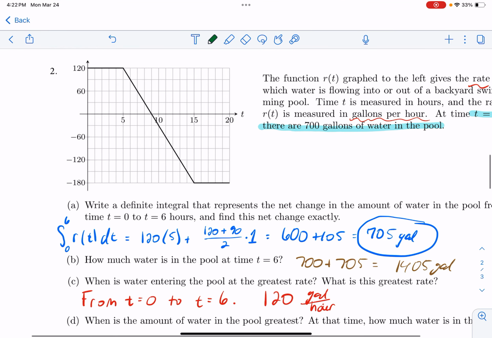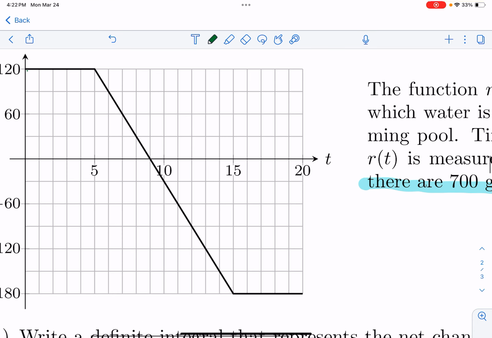Well, it's going to be the greatest when we're switching from water going into the pool to water going out. So let's think. Water's going into the pool at a positive rate here. It's still going in at a positive rate because all of these outputs are positive, right? Positive, positive, positive. At time t equals 9, we switch from a positive rate to a negative rate, which means that water is going into the pool here, and here water's going out of the pool.